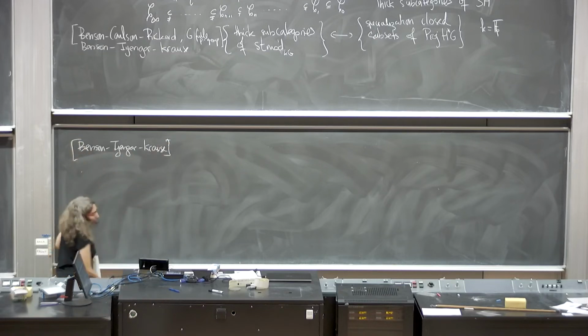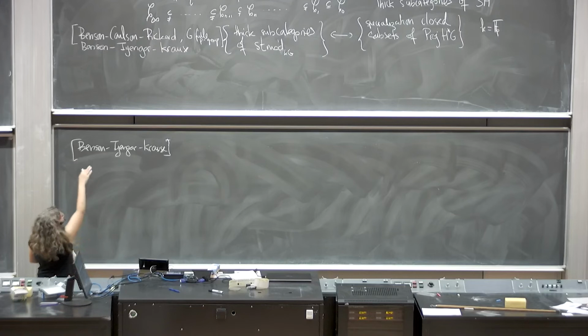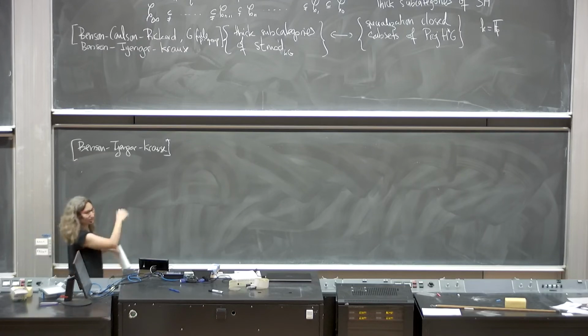So the work of Benson, Iyengar, Krause. I'm just following this list. The top board is for the small objects. What we know about the big objects, right?